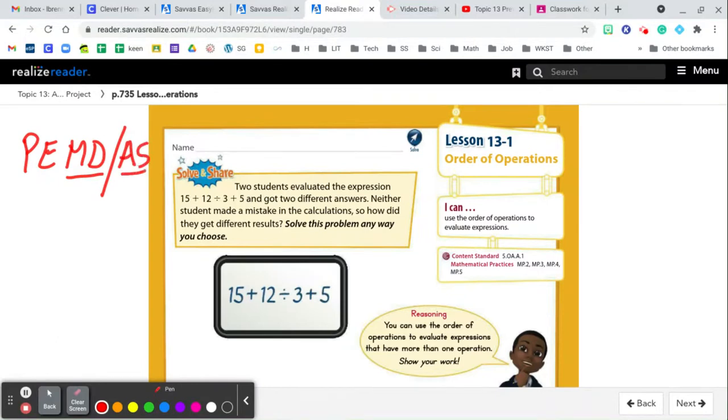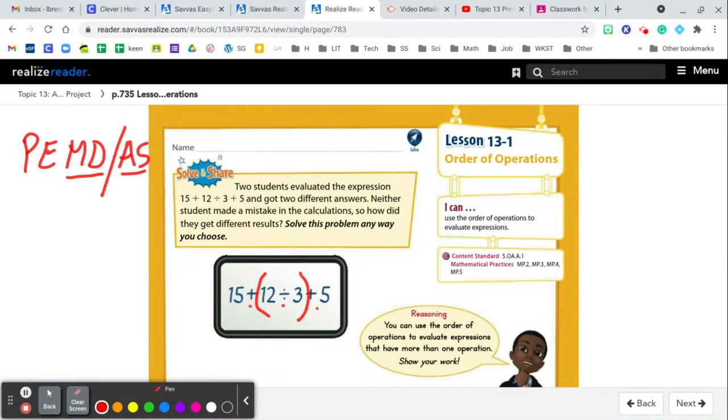To solve this equation, if you follow that rule, you'll be able to get the right answer. There are no parentheses and there are no exponents. So now what we do is multiplication and division before we do addition and subtraction. And it doesn't matter what order they come in. So the first thing we're going to do in this problem is we're actually going to do what's in the middle, because division comes before addition, and so we do that first.